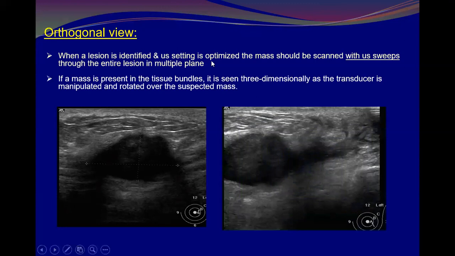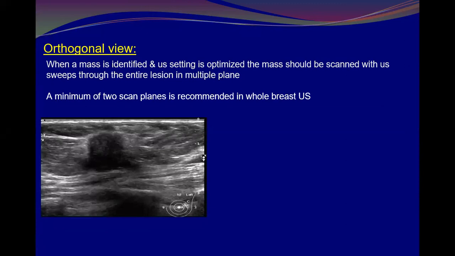Look here, by orthogonal view, you can see the ductal extension up to the nipple region. Here is a suspicious lesion. With this ductal extension, I will upgrade it from 4C to BI-RADS 5. So it is really important to sweep and to angulate throughout the lesions.